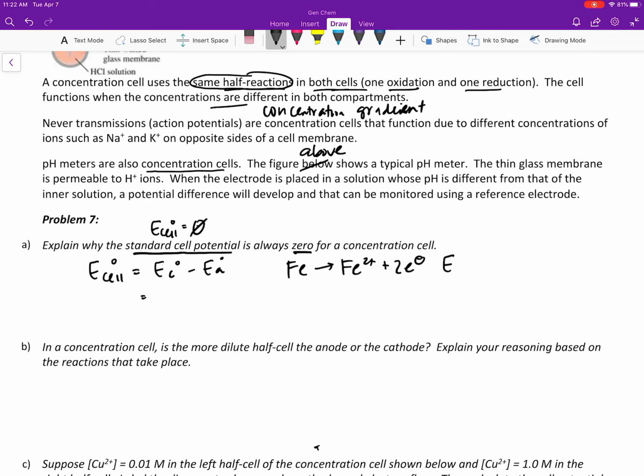Well, we know that the value, if we looked at the standard reduction potential, is 0.447 volts. Well, if this half reaction is both the anode and the cathode, what that essentially means is that when I determine the E cell naught potential, it's equal to 0 because they cancel each other out.